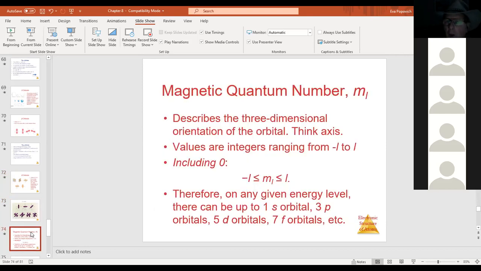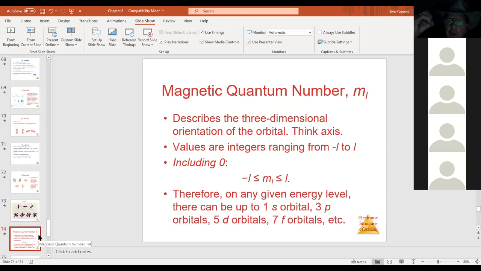We're going to the third quantum number. The third quantum number can have values minus L through 0 to plus L. So if we have a 1s orbital, remember the L value is n minus 1. So if I'm in the 1, I cannot have any value for L other than 0.